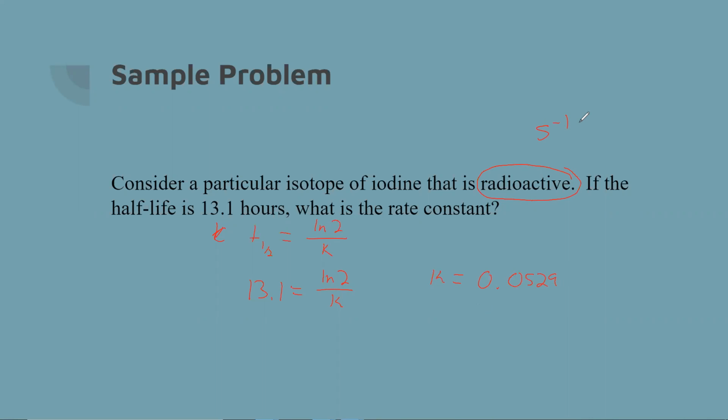However, if your time unit is different, then your unit for k has to change accordingly. Because we are dealing in hours, it's actually going to be hours to the negative first instead of seconds. But as before, usually it is going to be seconds to the negative first for your units for k. Just because we are dealing with hours this time, that does actually have to change as well.